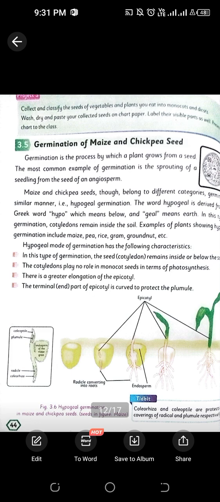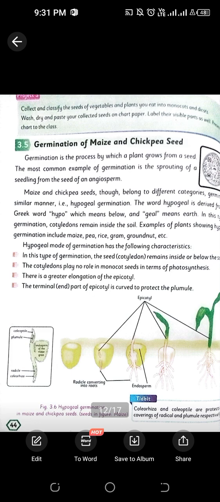Common examples of hypogeal germination are maize, pea, rice, gram, groundnuts, and so on. What basically happens in hypogeal germination is that the seeds remain below the soil. Cotyledons do not play any role in monocot seeds.